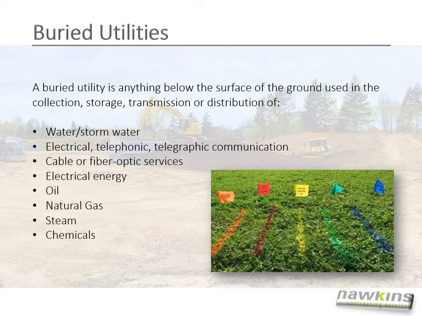When performing ground disturbance, we must expect to encounter buried utilities. A buried utility is anything below the surface of the ground used in the collection, storage, transmission, or distribution of water or stormwater, electrical, telephonic, telegraphic communication, cable or fiber optic services, electrical energy, oil, natural gas, steam, or chemicals.